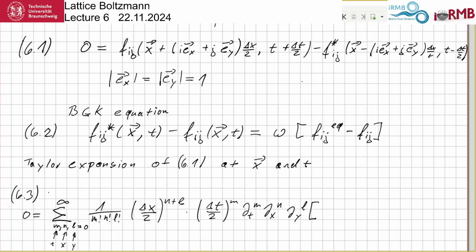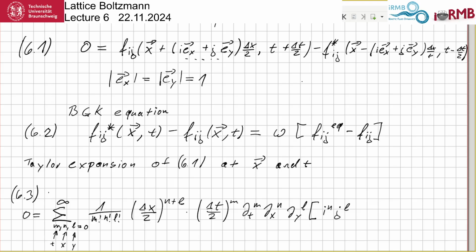And now comes what we have in here. We basically will have i to the power of n, j to the power of l, because this is the distance that we are moving here, so i times delta x.